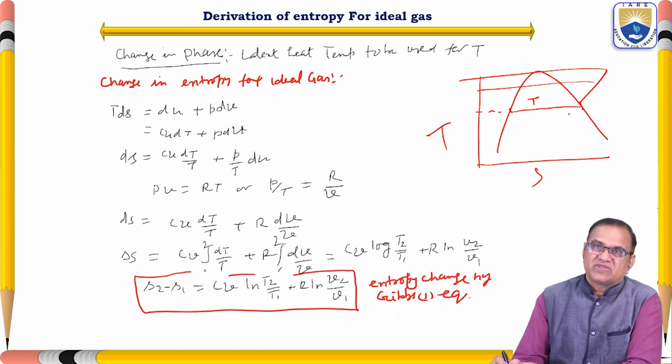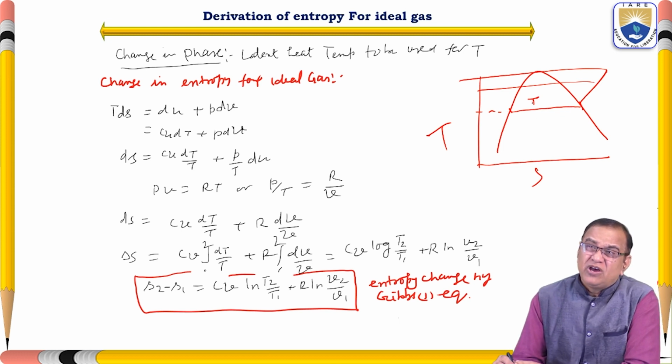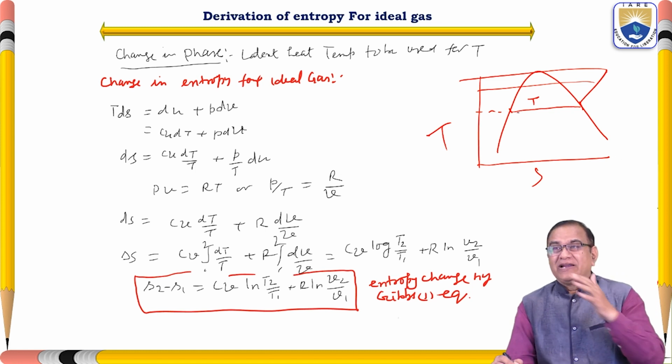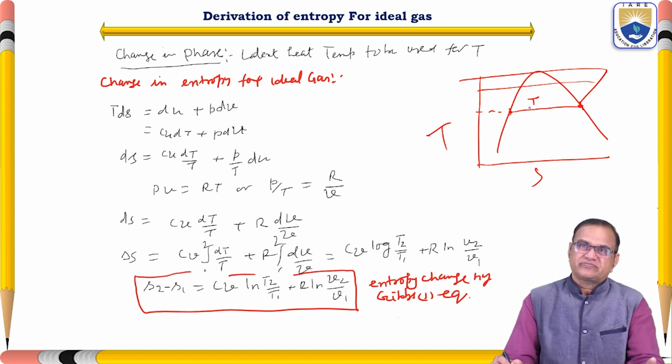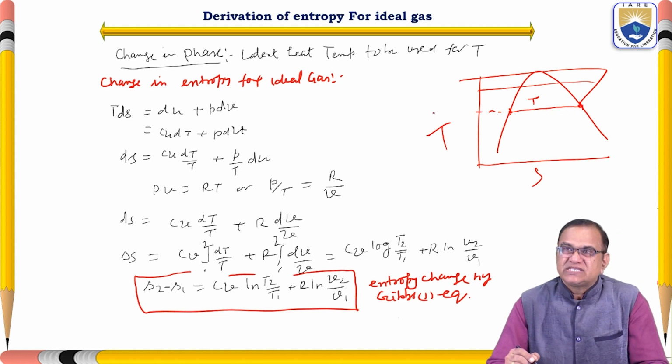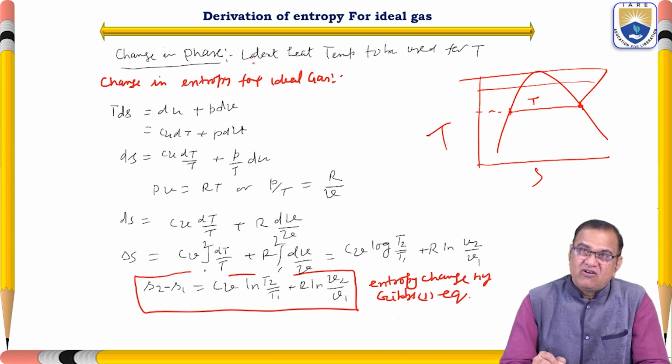So if you are using this equation for a change in phase, like water to vapor, or nitrogen, or some refrigerant, then use the latent heat temperature. This is a point you have to take care of.